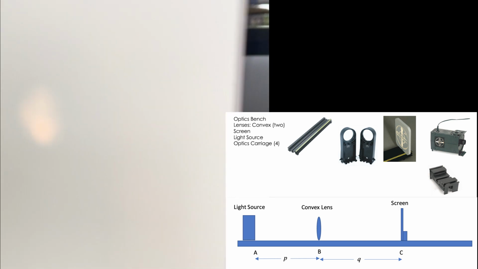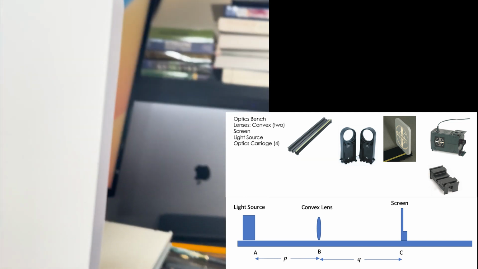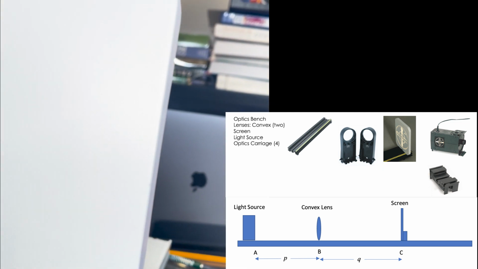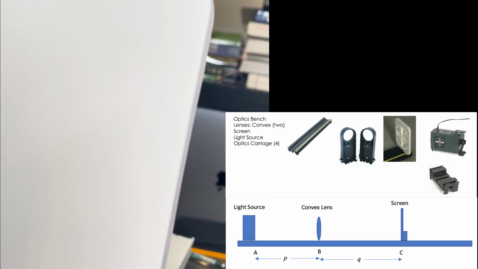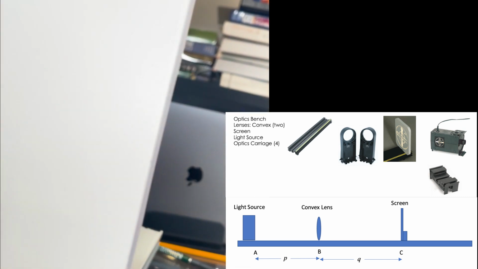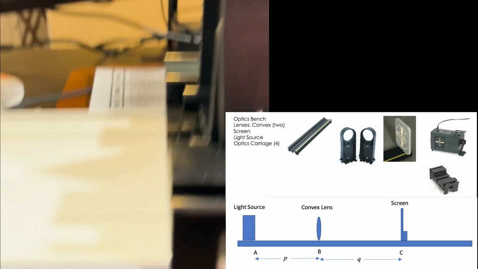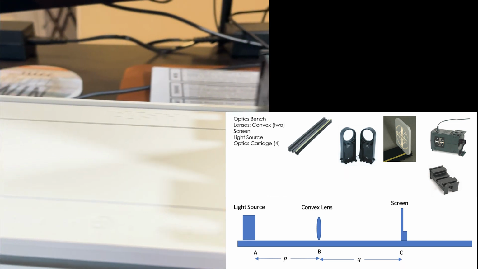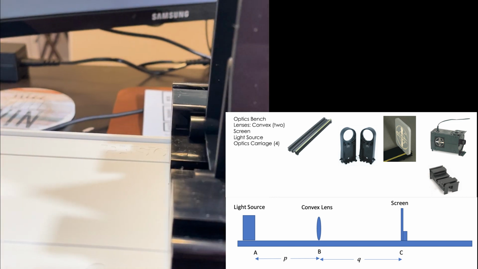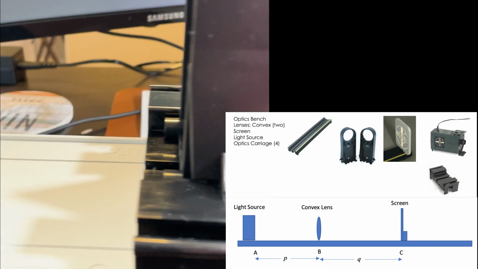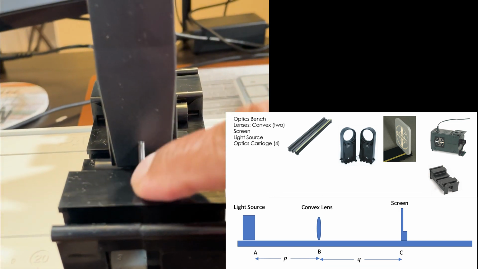So first of all, I'm going to fix the lens. I'm going to take it to 24 centimeters. I'm going to move it to exactly 24 centimeters. And you got to be very careful because the lens is here as given by this.